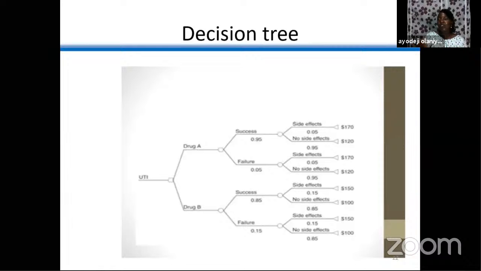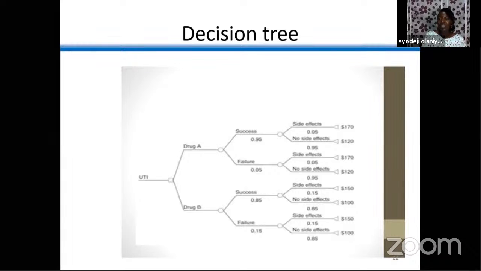After determining the cost and the probabilities for each one, we're calculating the cost effectiveness ratio. If we are going to do the cost effectiveness analysis, we subtract the difference in costs for drug A and drug B and divide it by the difference in the efficacy. The efficacy for drug A is 95%, while the efficacy for drug B is 85%.